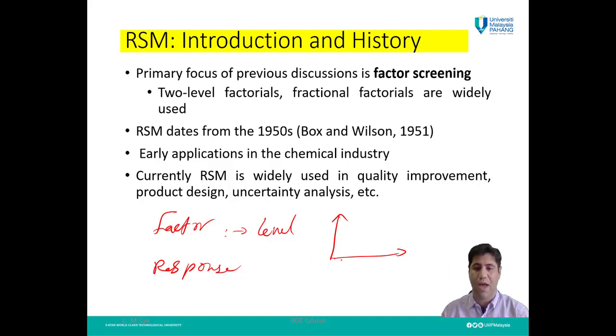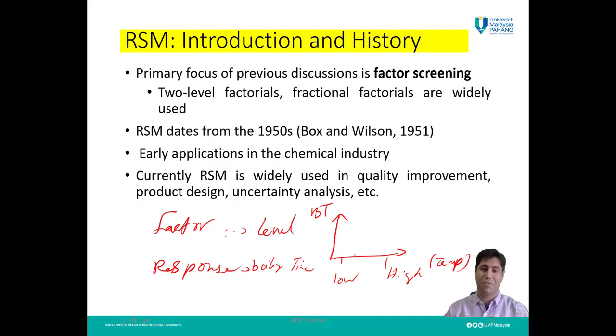For example, imagine we have two levels, low and high, for the temperature, and the response is the boiling time, the time which is required for boiling. And as you may guess, according to your experience, by increasing the temperature, the boiling time will reduce. You remember this; we call this the main effect of the temperature on the boiling time.